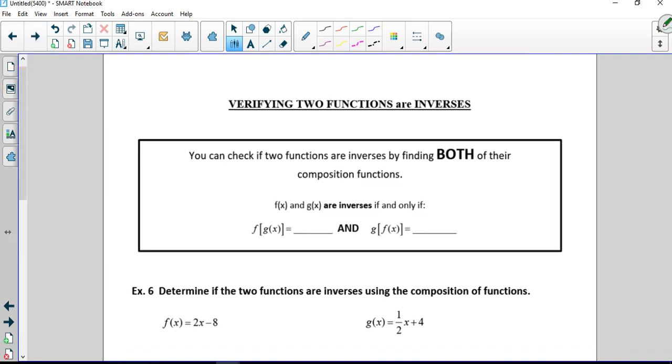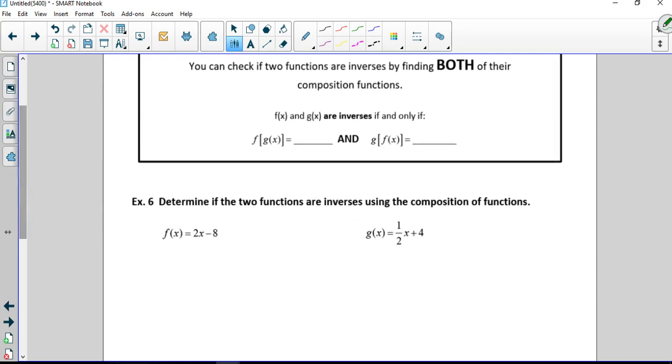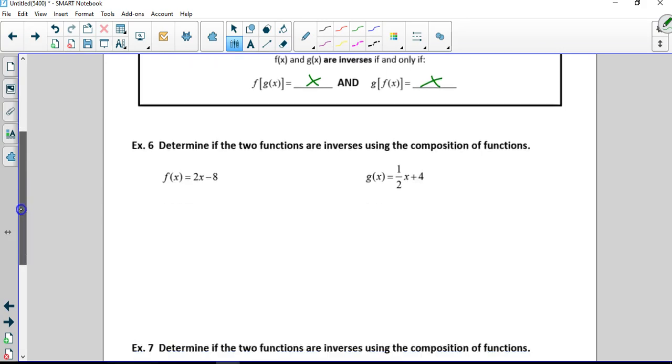Now, we can verify if two functions are inverses of one another. You can check if two functions are inverses by finding both of their composition functions. So f of x and g of x are inverses only if f of g of x equals x and g of f of x equals x. Now, there are two ways to do this.